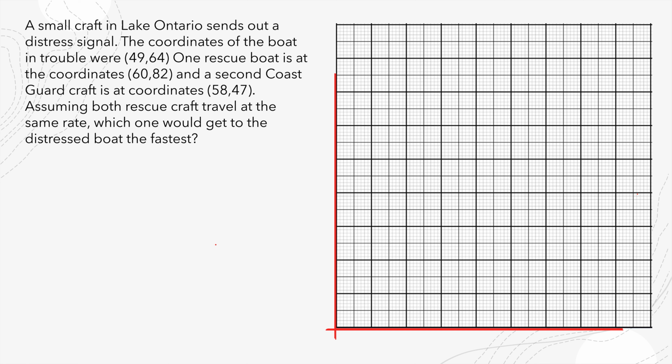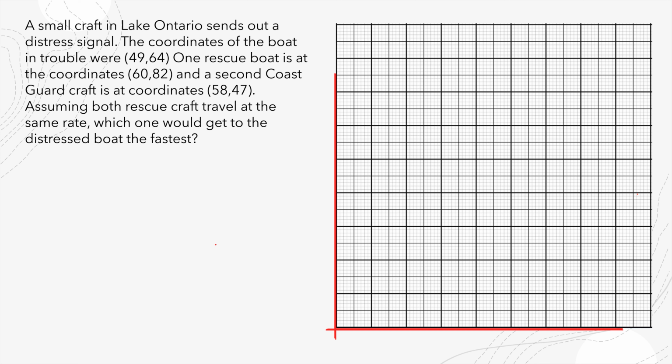Okay, so once we have defined that, let's plug these coordinate values onto our graph. In order to plug in the values, first of all, we need to identify our axes.